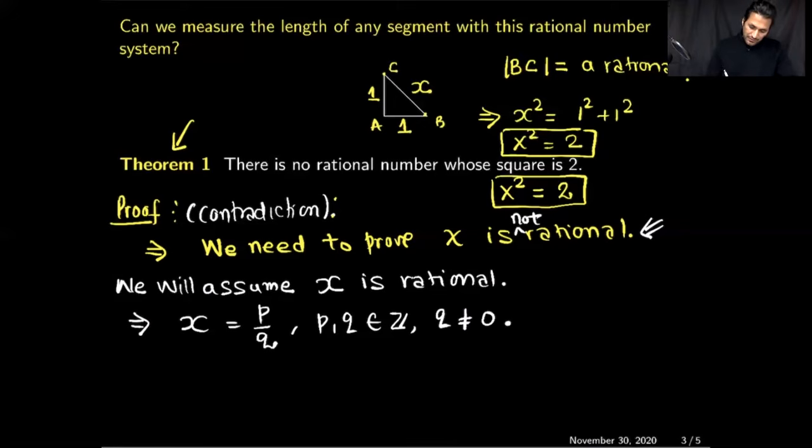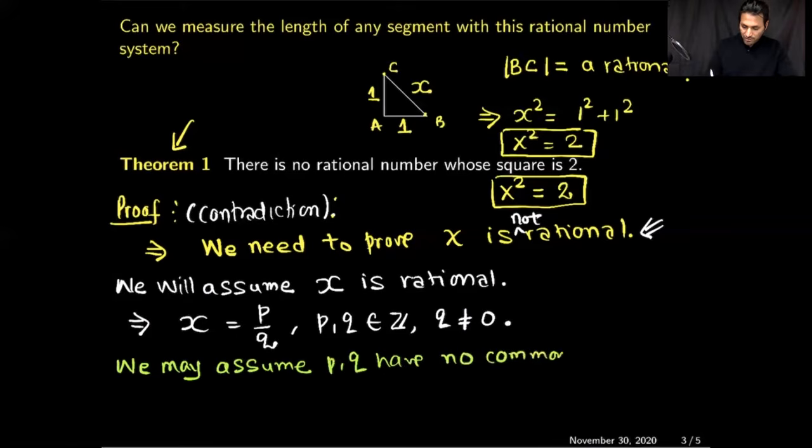And then I will also assume that p and q have no common factor. Because if p and q have any common factor, I will cancel it out and consider the lowest terms of p and q. So without loss of generality, I can assume that p and q have no common factor.